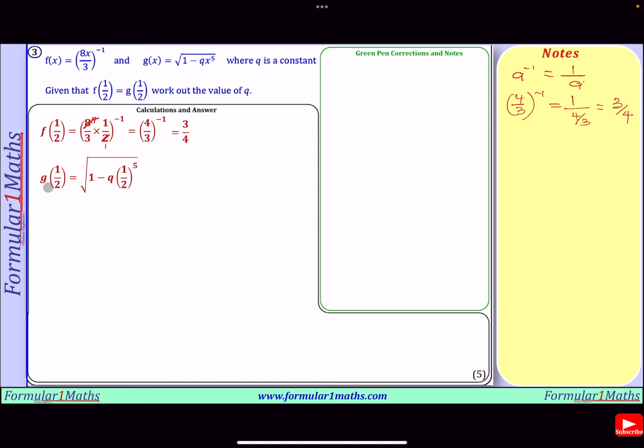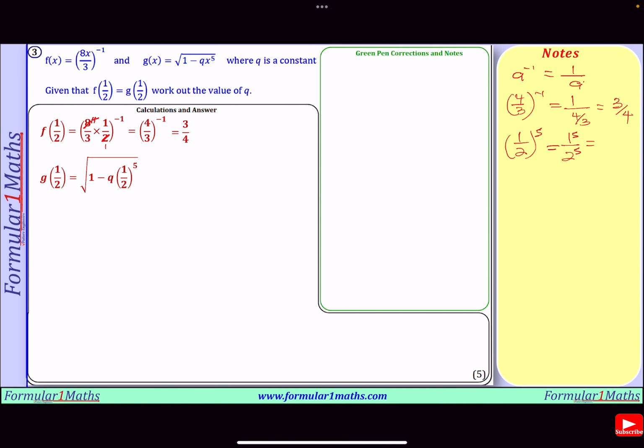Now let's find g of 0.5. That means substituting 0.5, which is a half, into x. So that's the square root of 1 minus q, then instead of the x, we put 0.5 and raise it to the power 5. Now, 1 over 2 raised to the power 5 is the same as 1 to the power 5 over 2 to the power 5.